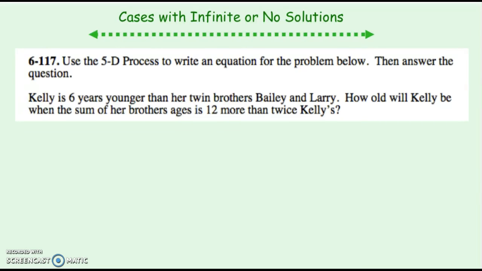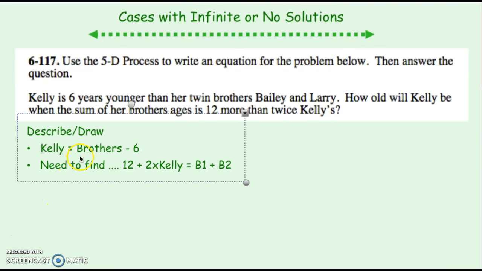So the first thing I'd like you to do is describe and draw on your own, and then play the video when you're ready to check your answer for just the describe and draw part. So I have Kelly equals her brother's age minus 6, and then I'm trying to find how old Kelly will be when her brother 1 plus brother 2 equals 12 more than twice Kelly's.